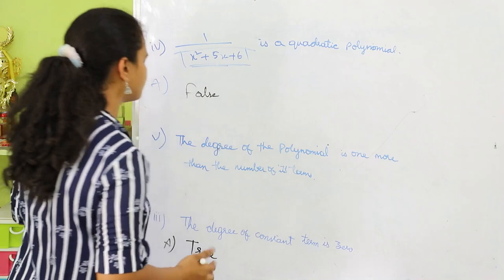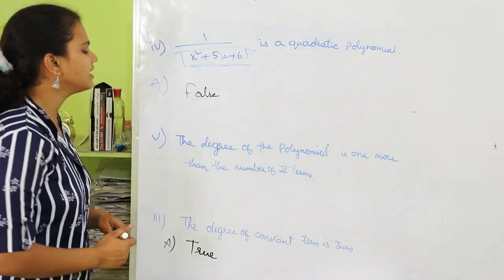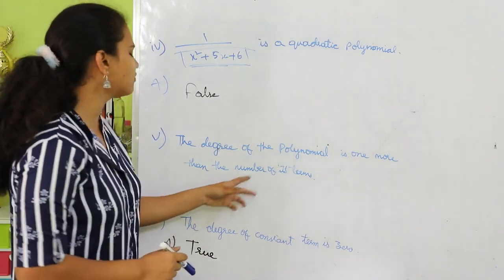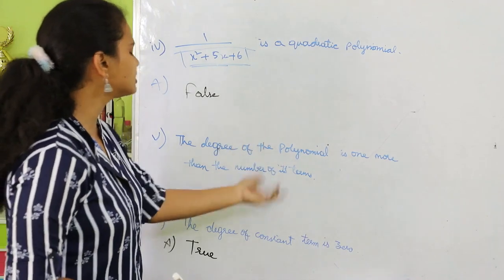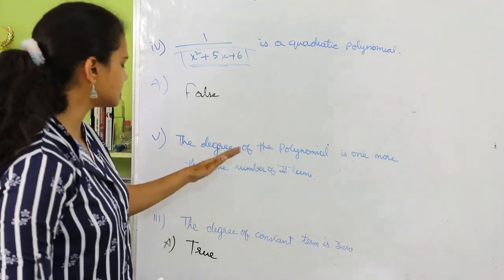Okay, number of terms in it, or number of its terms. So where the degree of polynomial is 1 more than the number of terms in it, then what would be the statement? So this is the given statement.